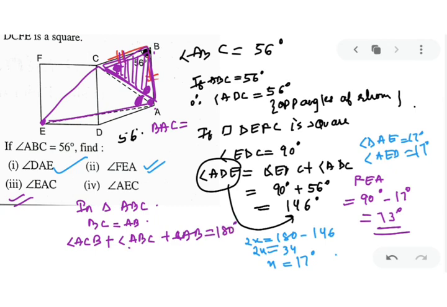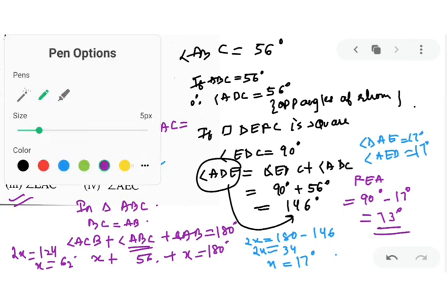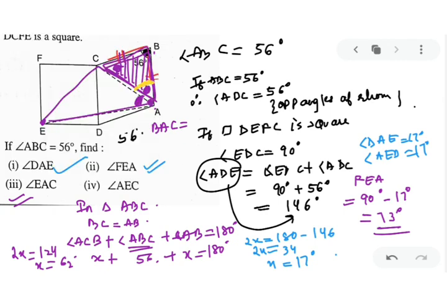Out of that, ABC you have 56. You can keep the other two as x and x. And from there you will get 2x is equal to 124 and you will get x as 62. I'll mark it as yellow, each angle as 62.